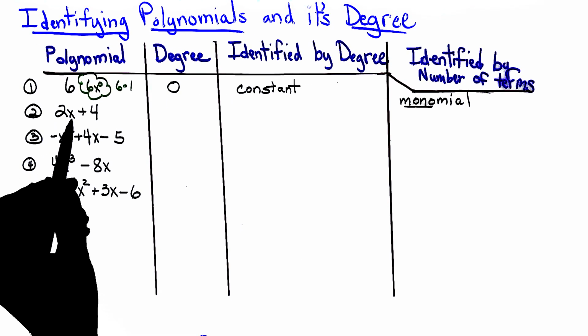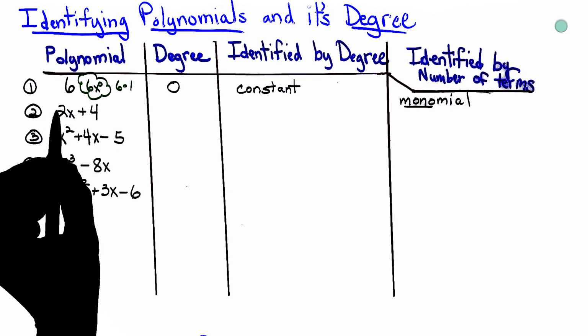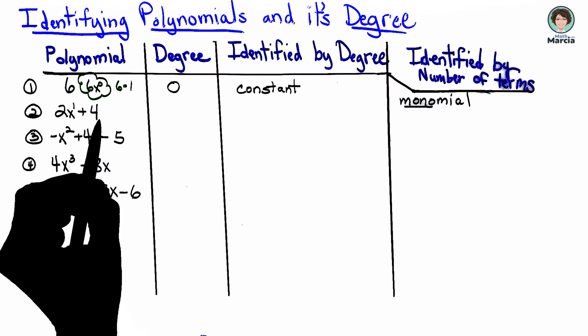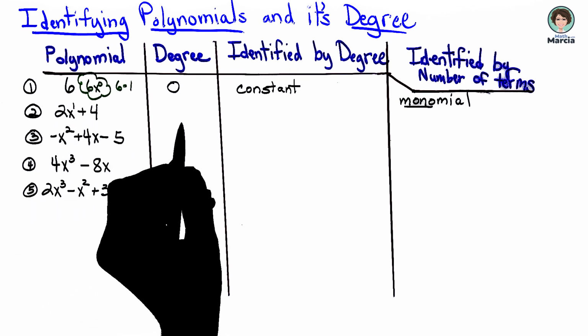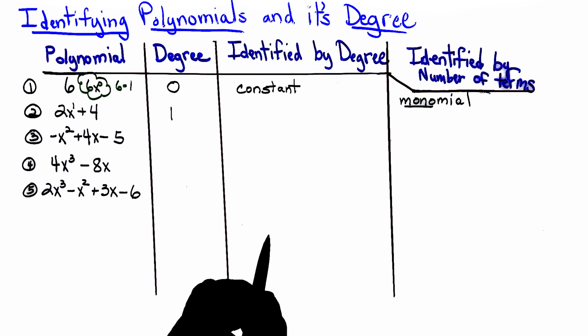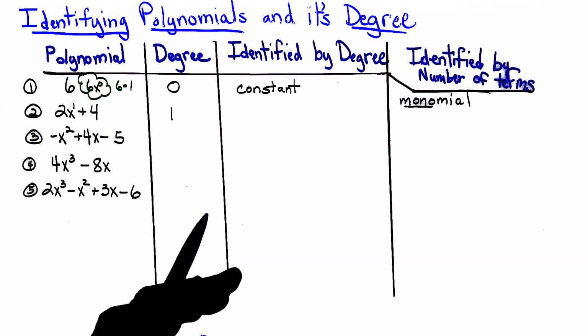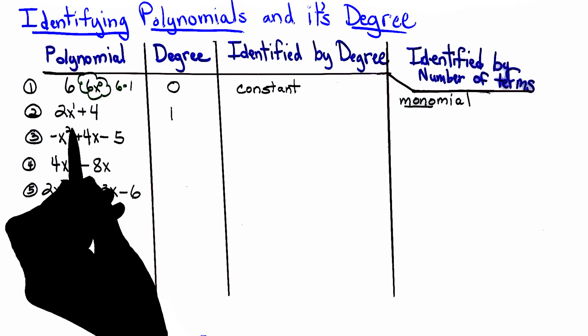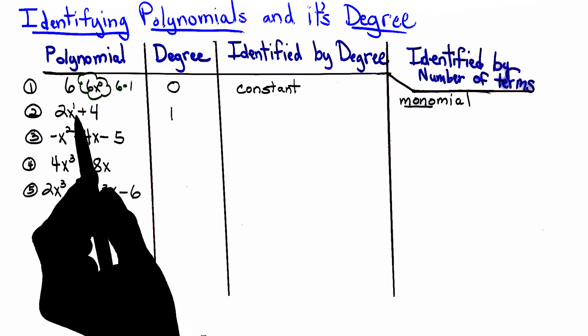We have 2x plus 4. Well, the x is to the first power, so the degree of this polynomial is a 1. And when we were working with solving any kind of linear equations, the x was always to the first degree.